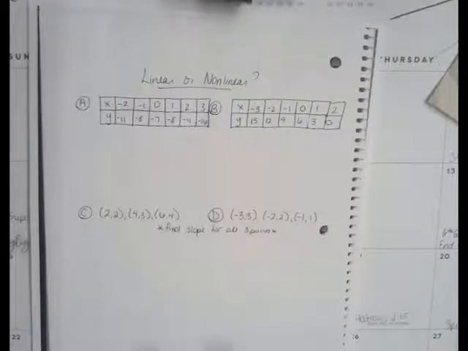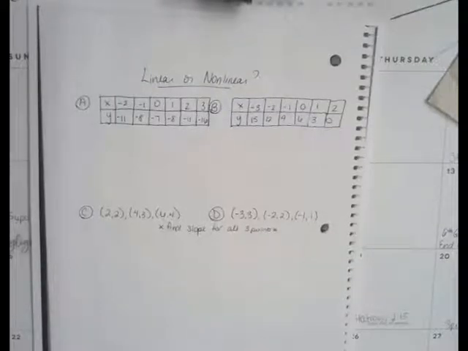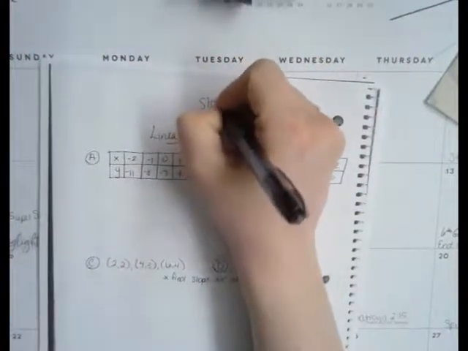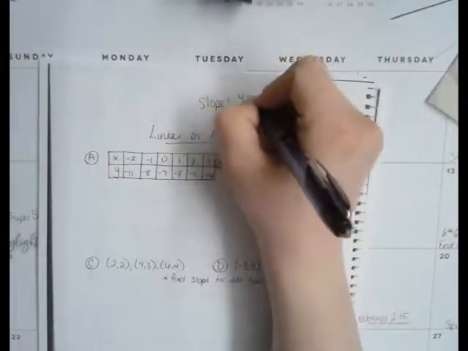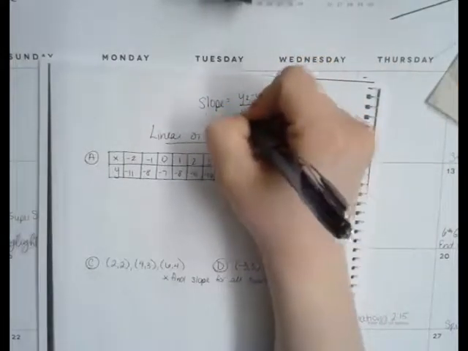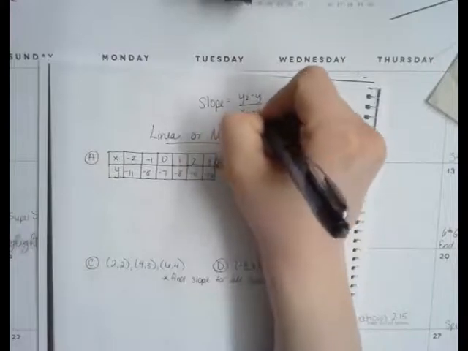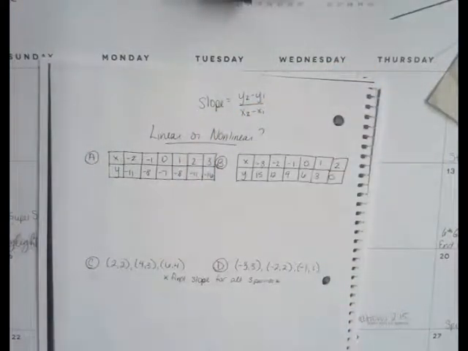I'm going to draw a couple graphs down here as well to help us see what we're looking for when we are just given a graph. So in case you forgot, slope is always the change in y over the change in x, so it's always y2 minus y1 over x2 minus x1.